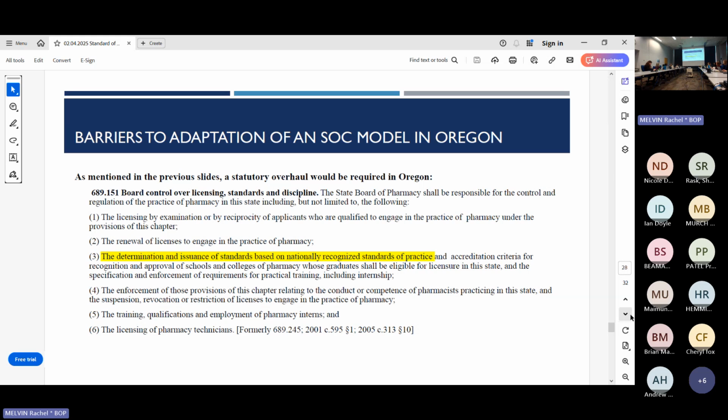And when it was written, obviously I don't think it took into account that this is an emerging movement. And at this point in time, it's represented by a minority of states. So the verbiage in there talking about nationally recognized standards of practice, I think would be potentially an issue.